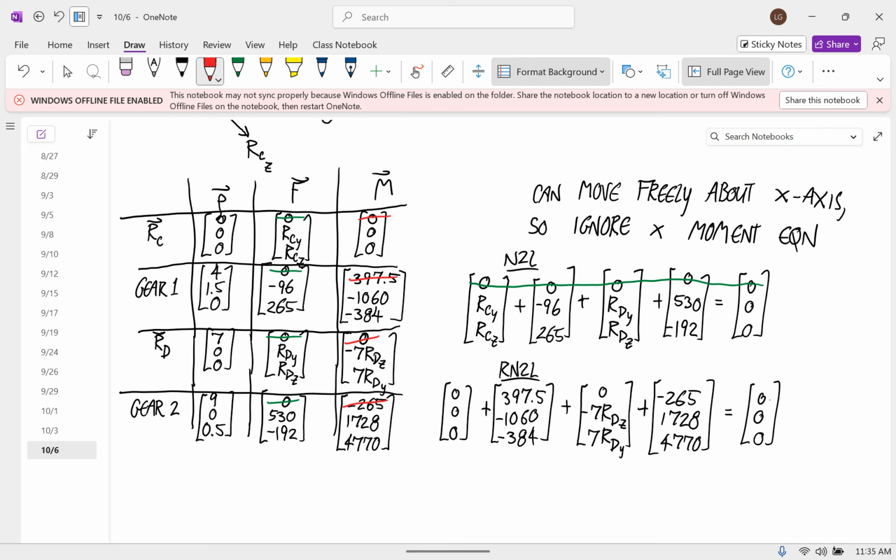And this time we have this equation that's just not in static equilibrium, so we're just ignoring that. You have no variables in that equation either.